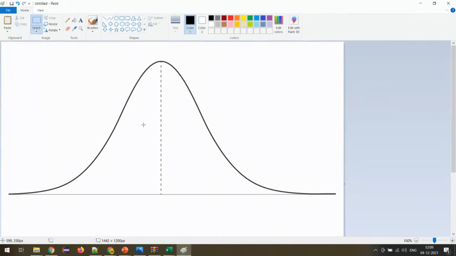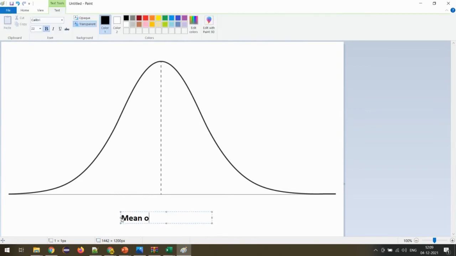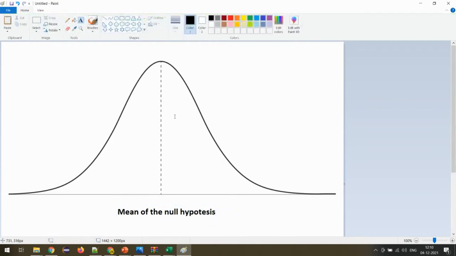So the mean we are going to use is the mean of the null hypothesis. And then the standard deviation is going to be the standard error.